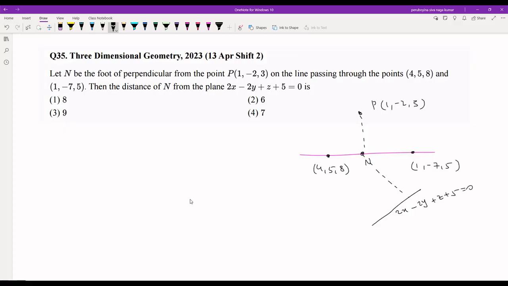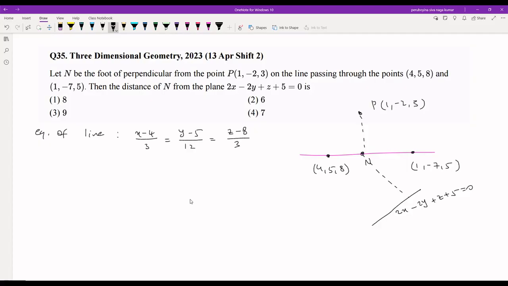Okay, first we will create the line equation. Equation of a line: x minus 4 by, what are the DRs? You can create DRs: 4 minus 1 is 3, y minus 5 by 5 plus 7, 12, and z minus 8 by 8 minus 5, 3.